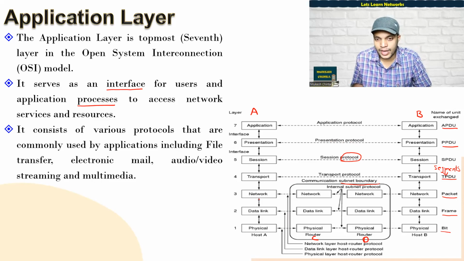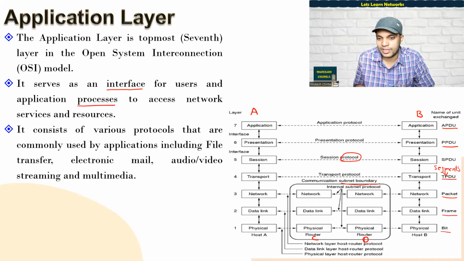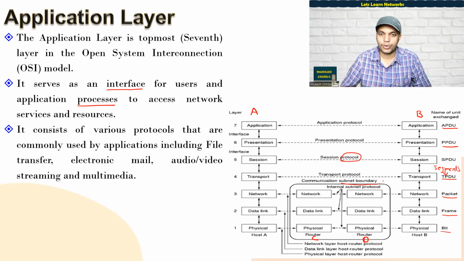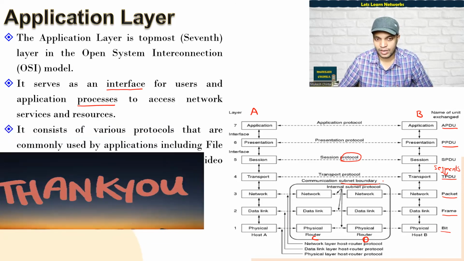Similarly, the network layer on A talks to the network layer on C, which talks to the network layer on D, which talks with the network layer on B using a network layer protocol, which is IP. You can see here internal subnet protocols, the communication subnet boundary, and how a host sends it: the physical layer host-router protocol, the network layer's host-router protocol. This is how communication usually takes place in the OSI reference model.